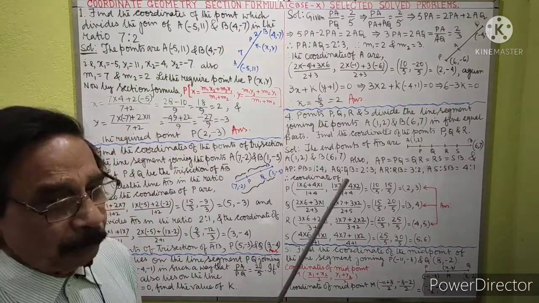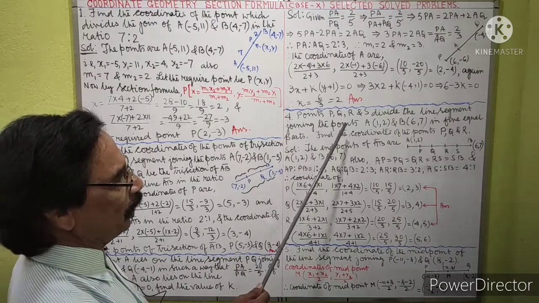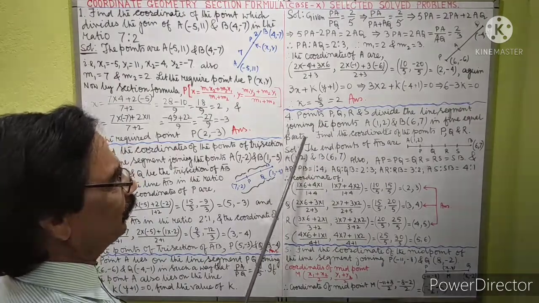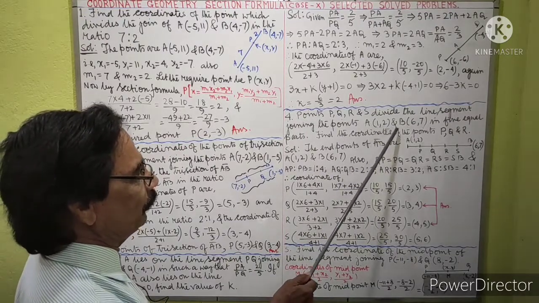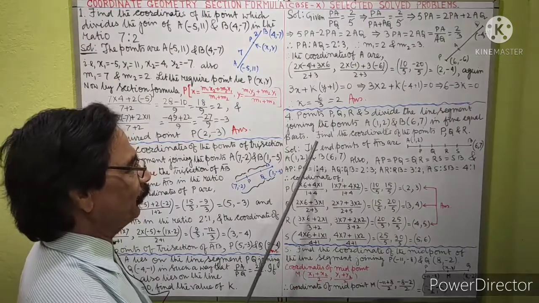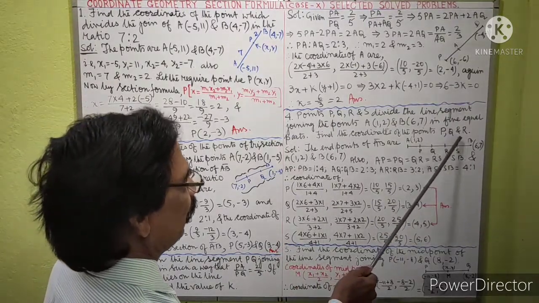Now question number 4. Points P, Q, R and S divide the line segment joining the points A and B, where A is (1, 2) and B is (6, 7), in 5 equal parts. Find the coordinates of the points P, Q, R only.